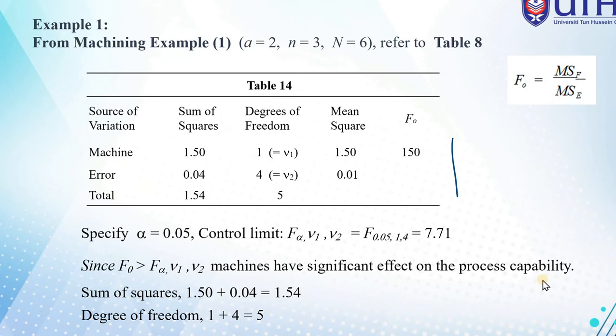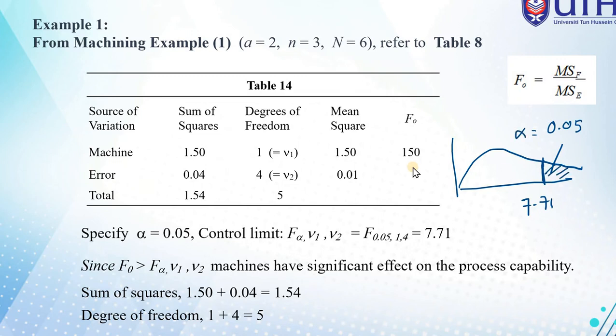So if you want to draw the F distribution, the critical value or the control limit is 7.71 and the F value is 150. The area here is alpha, 0.05, and the value here for F naught is 150.